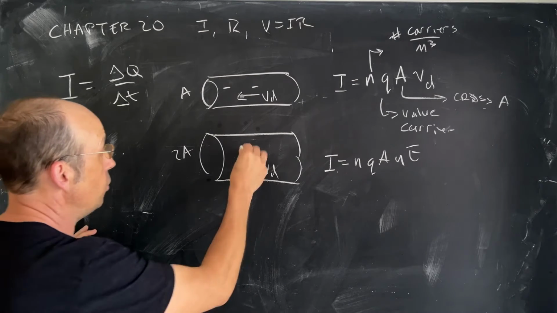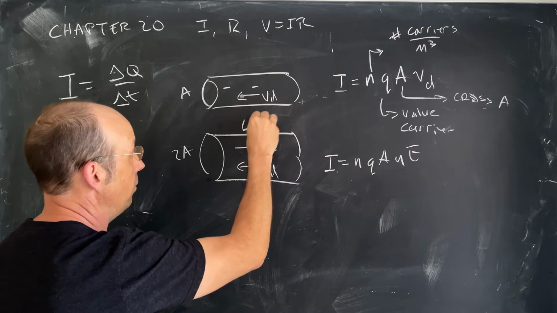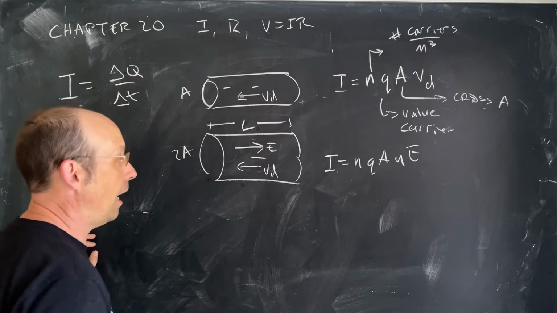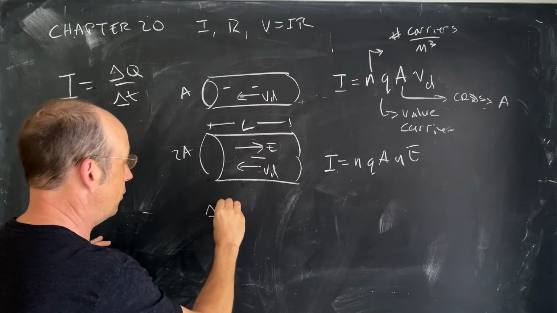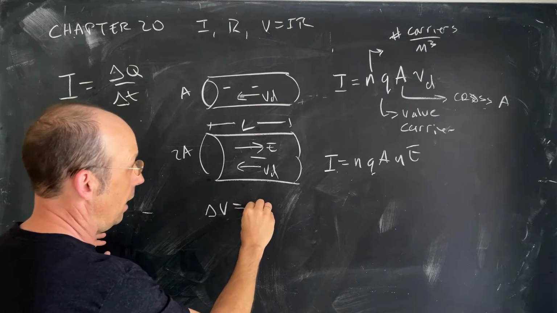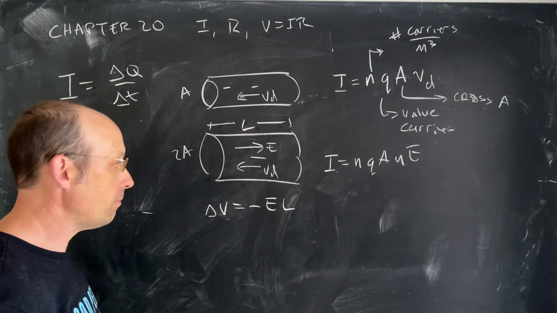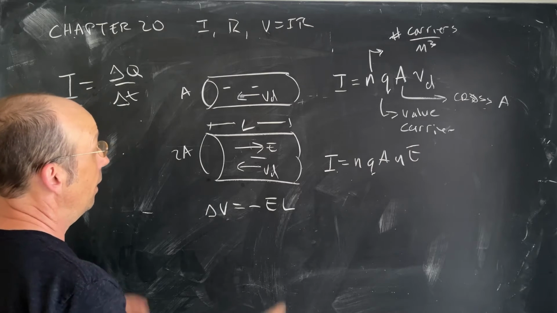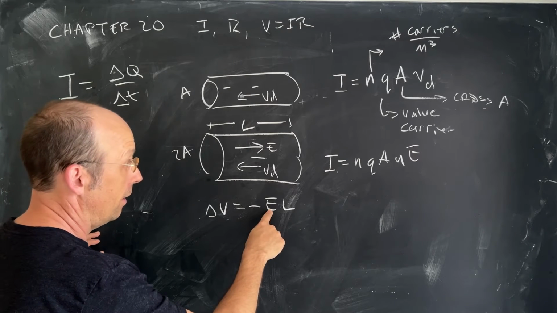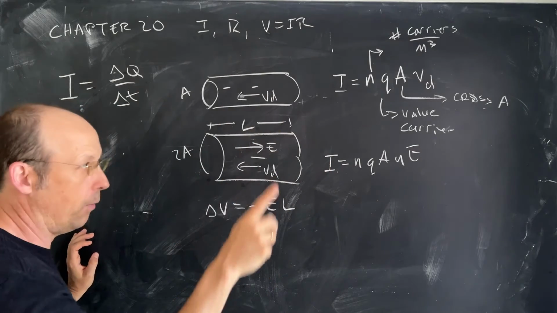So suppose that I do have an electric field in here, E, and this has a length L. Then I want to find the change in potential across that wire. I can say delta V is negative E times L. Well, it turns out that I can write E in terms of I. I know this is a little weird, but I'm going to do it my way.